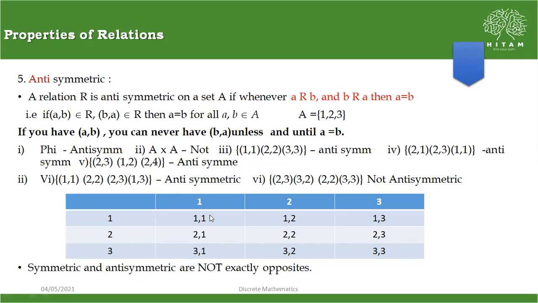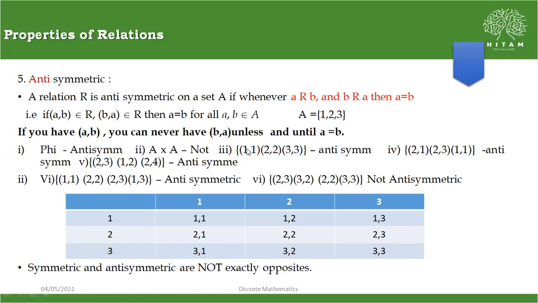All diagonals, 1 comma 1, 2 comma 2, 3 comma 3, are accepted as an anti-symmetric relation because A equals B. A relation R is said to be anti-symmetric on set A if whenever A is related to B and B is related to A, then A equals B.